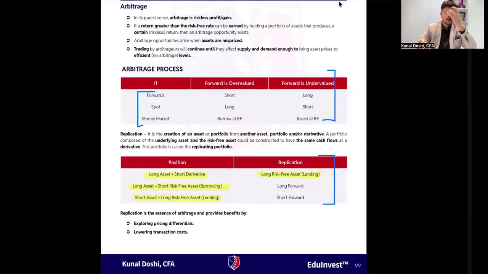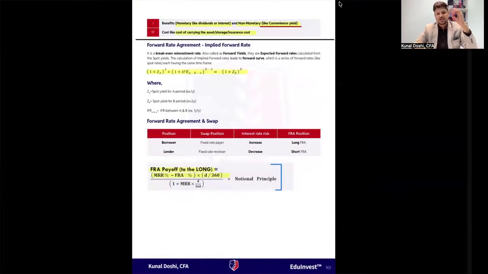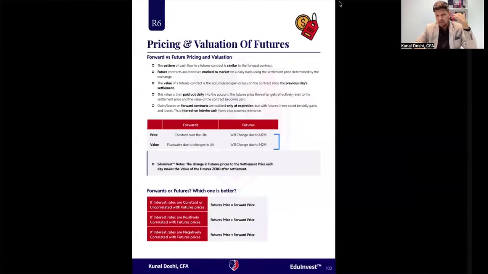Good, everyone. Arbitrage, replication, pricing, valuation. Even though pricing only may be asked, pricing and valuation, but still. Now, when it comes to futures, just remember one thing. Where do we have mark to market? Mark to market is in futures. So in futures, the price every day will be a new settlement price. And unlike forward, futures can be settled daily.